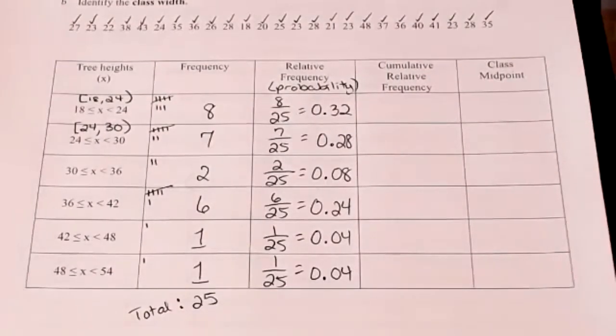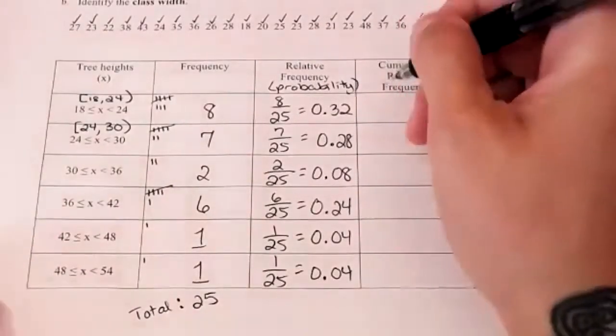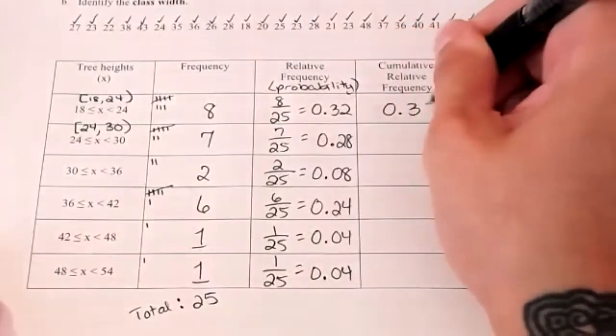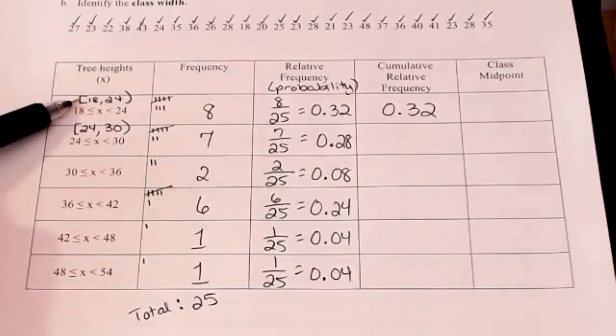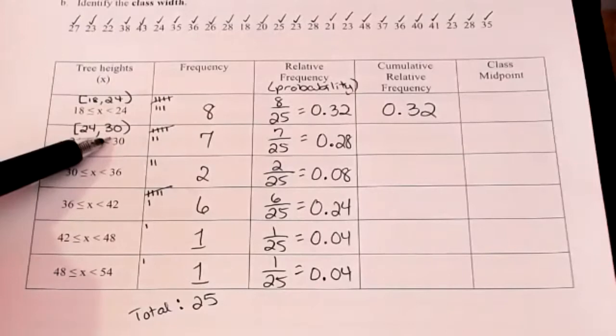I'll write out exactly how you do this. So first off, for your first class, there's no accumulation. It's literally just what we have for relative frequency. So it's 0.32. But when we move to the second class, what we're saying is, what are the chances now that your tree height will fall from anywhere from 18 feet all the way up to, but not including 30?